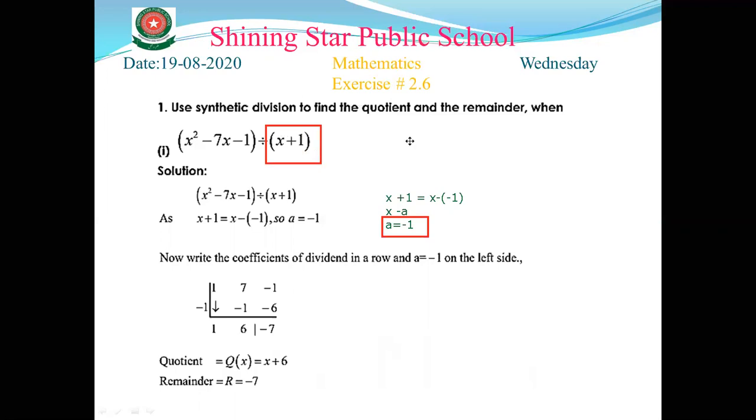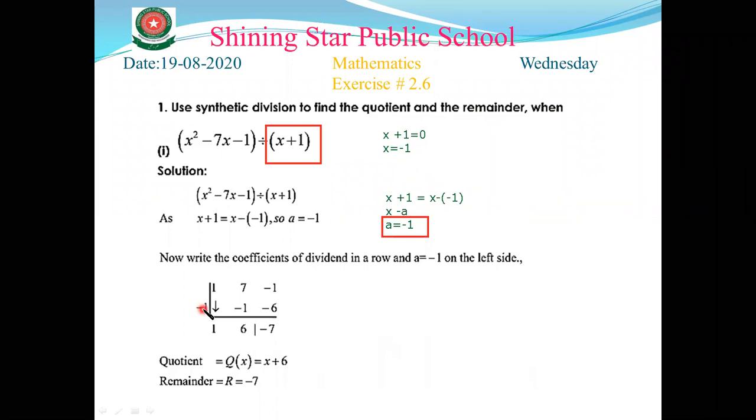So simply you can say that x plus 1 is equal to 0, so x is equal to minus 1. Simple. We can solve our question with the help of minus 1. It's up to you which method you adopt for finding the number. Okay, now the minus 1.